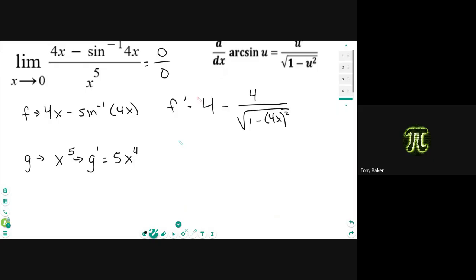If we plug 0 into this, we still get 0. And if we plug 0 into the g, we still get 0. Correct? Okay. That means I have to do it again. If you get 0 over 0 still, the rule still works. Take the next derivative. See if it cleans it up enough that you can find the limit.